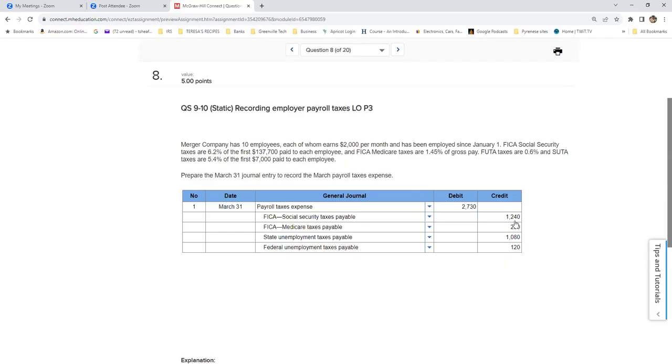Then you multiply that times 6.2%, which is 1,240. Then multiply that times 1.45%, which is 290. Then the SUTA rate of 5.4%, which comes to 1,080. And then finally, federal unemployment tax, which is 0.6% or $120.